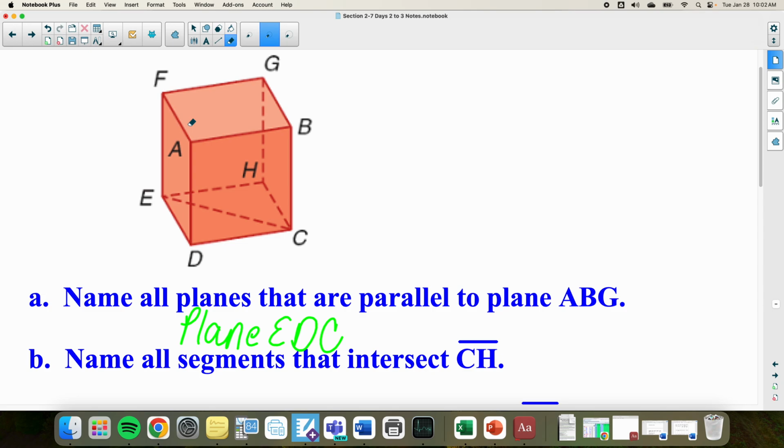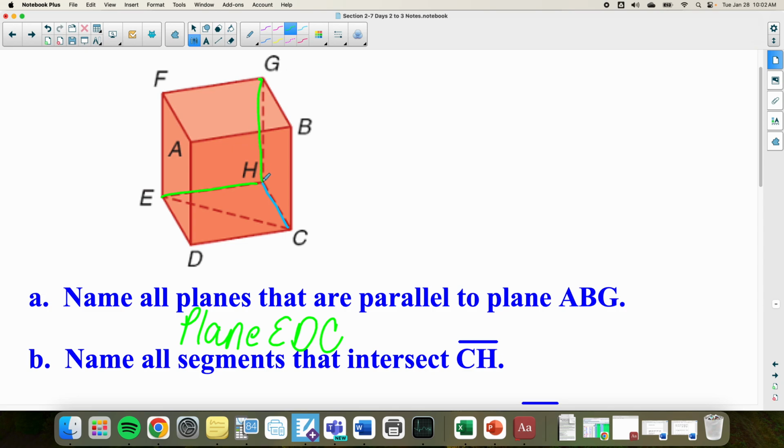And we have all segments that intersect CH. CH is right here. We want to write down every single segment that touches it, basically. EH, CH, GH. Okay, go. Did you say GH? And what were the other ones?